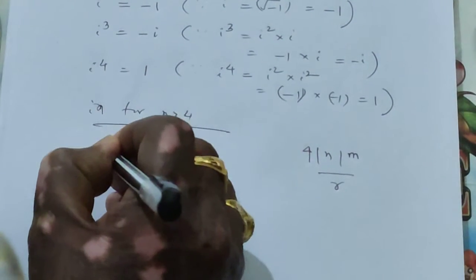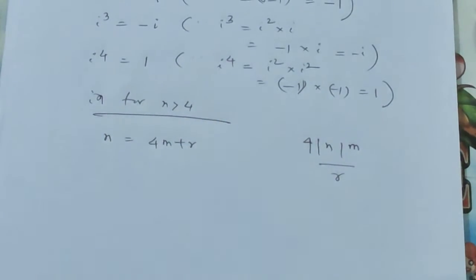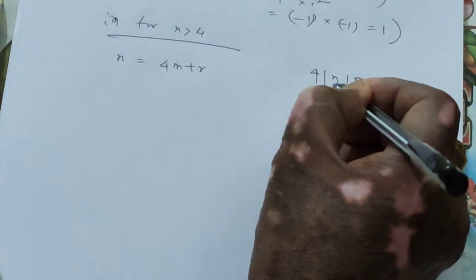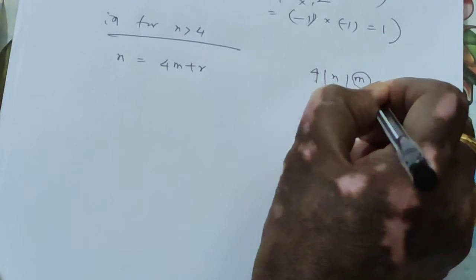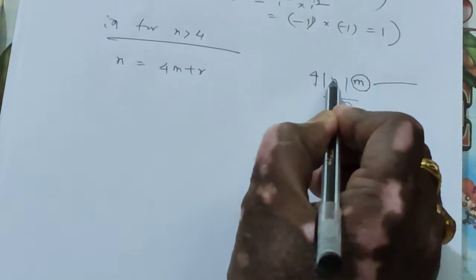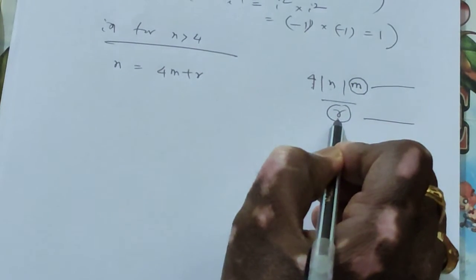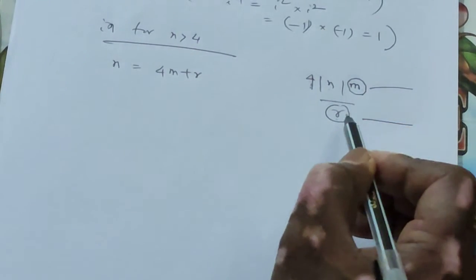So you can write n equals 4m plus r. When we are dividing n by 4, we get m as the quotient and r as the remainder. So n equals 4 into m plus r. Dividend equals divisor into quotient plus remainder.